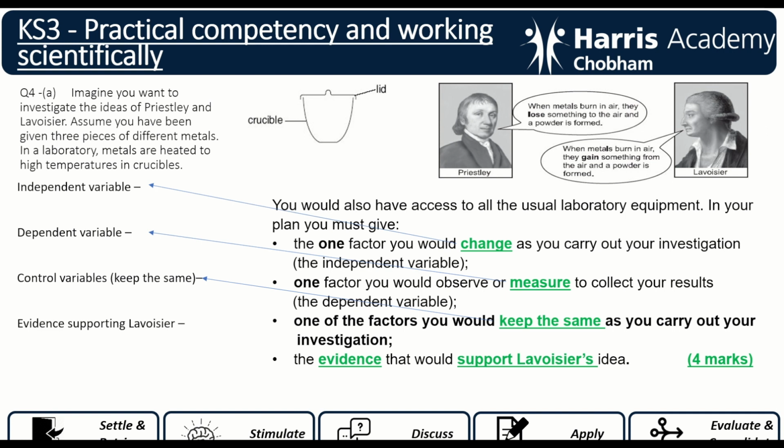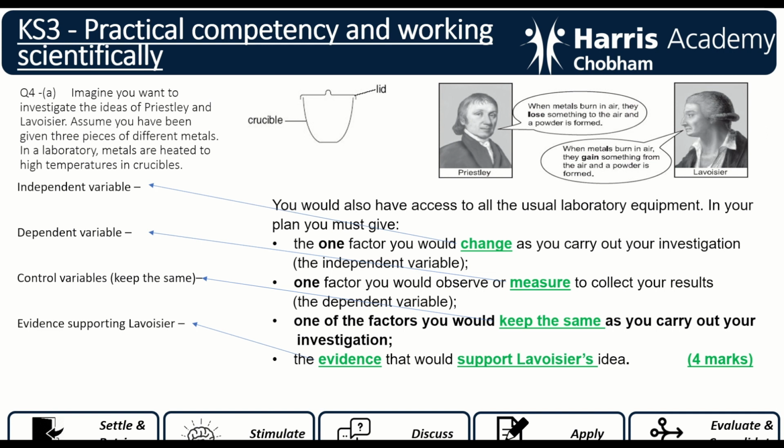The last marking point for this question is you need to state what evidence is needed to support Lavoisier's idea. So, have a little think based on what I discussed about the practical before, and see if you can work out what those 4 marking points would be.